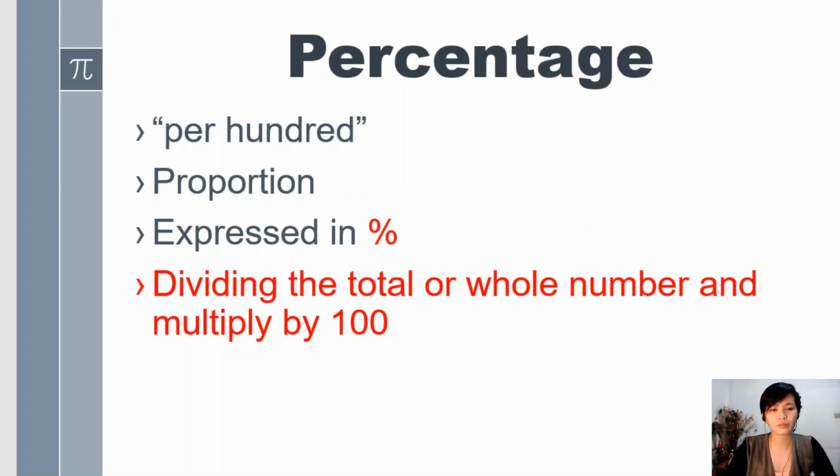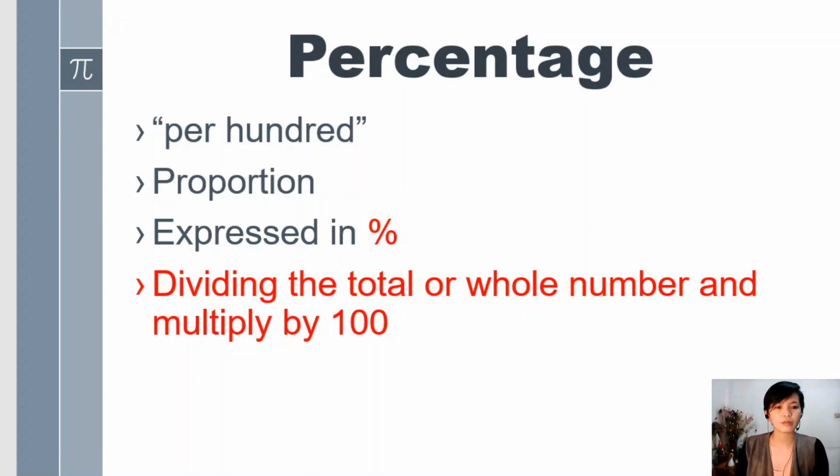So it is also a proportion, and it is expressed in percent or this symbol. How to do that one is you have to divide by the total or whole number and multiply that by 100 in order to get the percentage of a certain number.